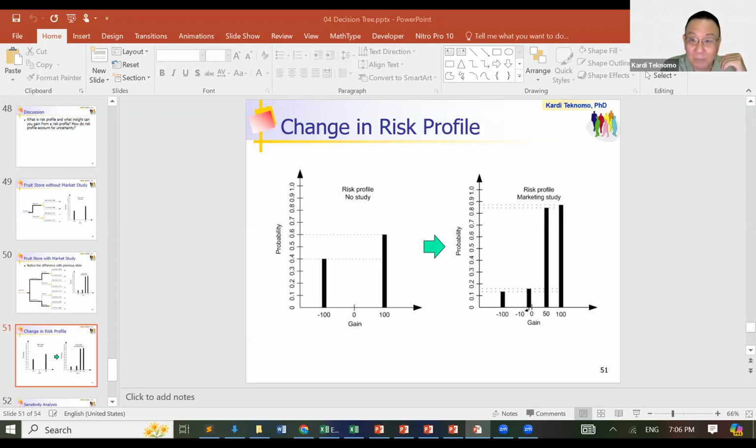And instead of 60% here, it now becomes higher. So this is the meaning of risk profile. You can start to see the change in the distribution, that actually the market study produces a better result than no study at all.